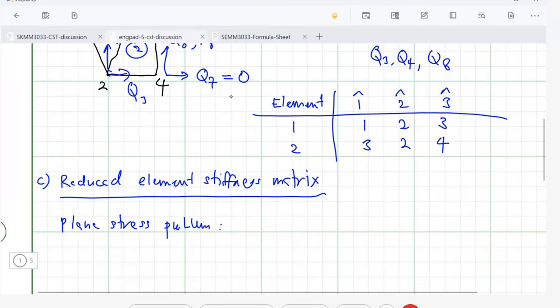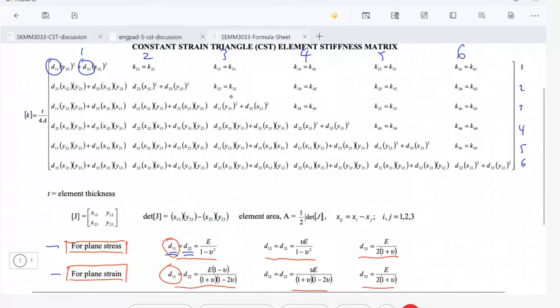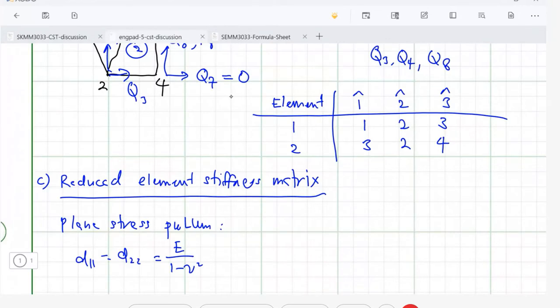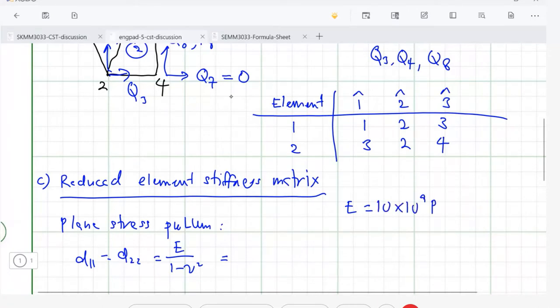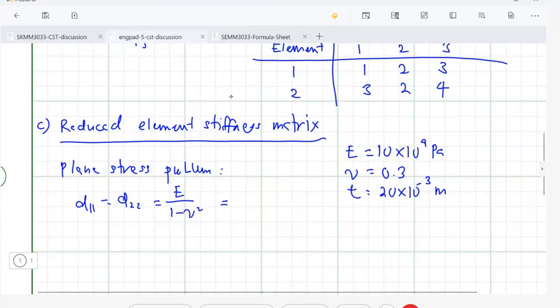So we know that D11 equals D22 equals E over 1 minus mu squared. That one is from the formula sheet. We know that our E is 10 gigapascal, our mu is 0.3, and our thickness of the plate, T, is 20 millimeter. Note again, I convert everything to basic unit.